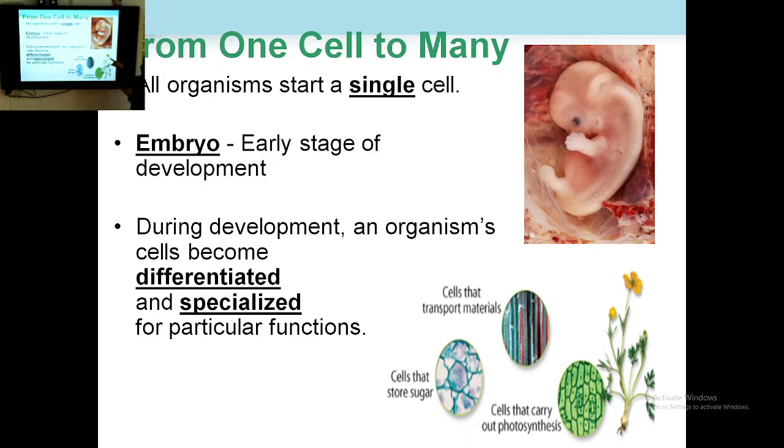As you can see here, these are plant cells. There are many types of cells. All of them are called plant cells, okay? But this type of cell is different from these other types. This type of cell is green, while here it's different compared to this one.